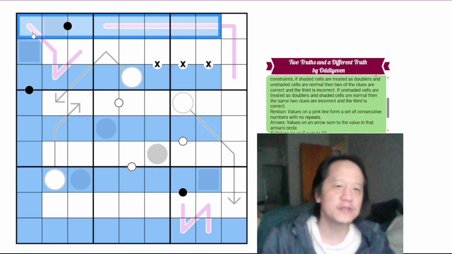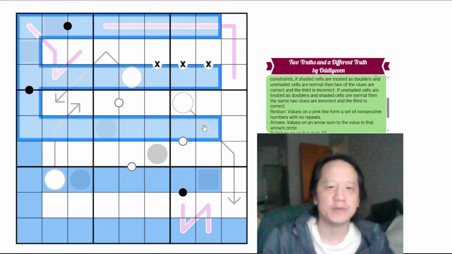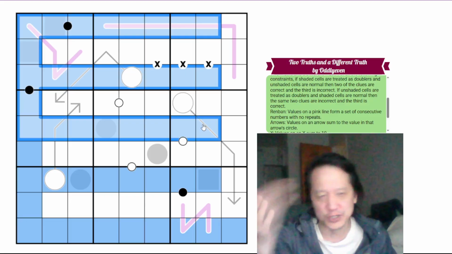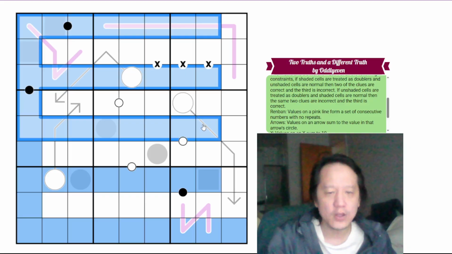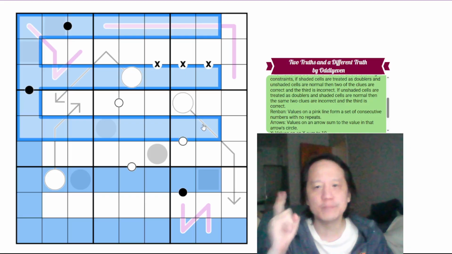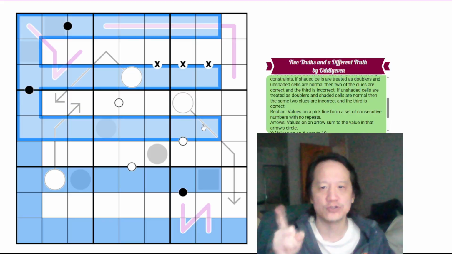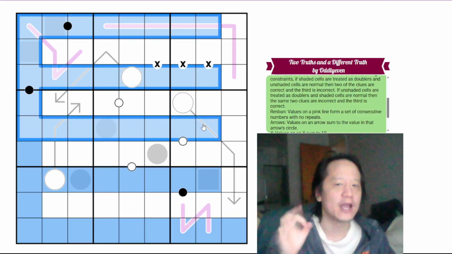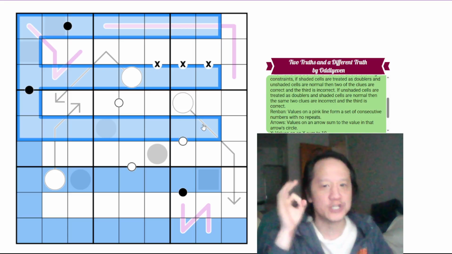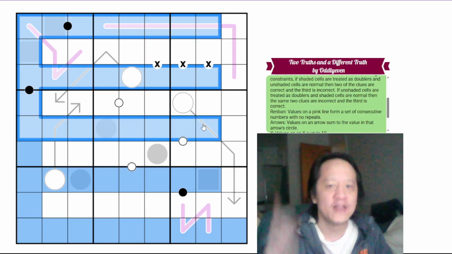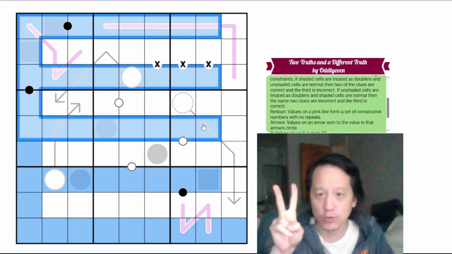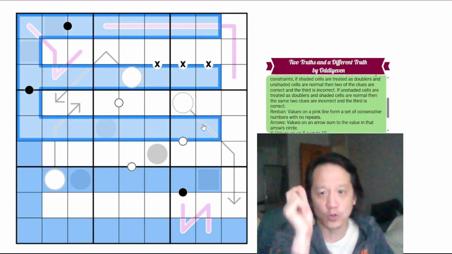So, say this was the actual shading of the puzzle. It's not, but say this was the shading of the puzzle. It shouldn't say "if" the shaded cells are treated as doublers. It should be saying when shaded cells are treated as doublers and unshaded cells are treated as normal, then 2 of the clues are correct and the third is incorrect.